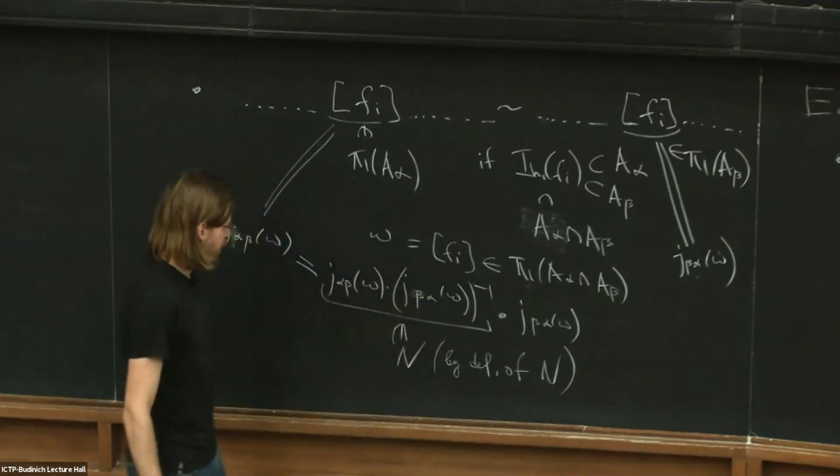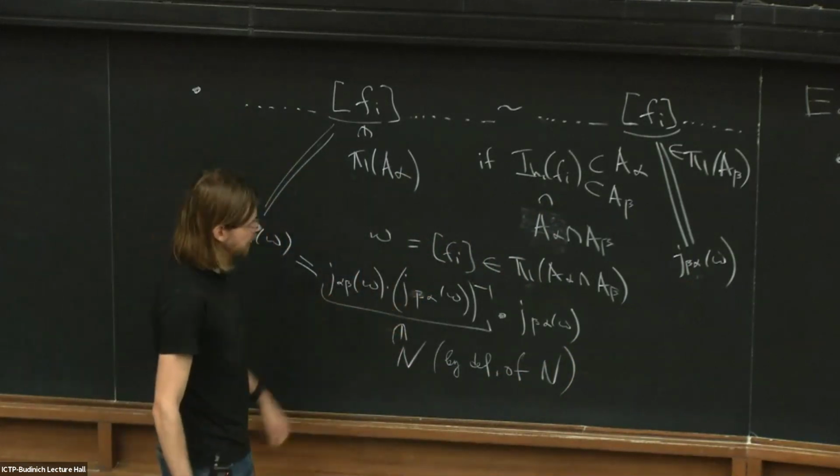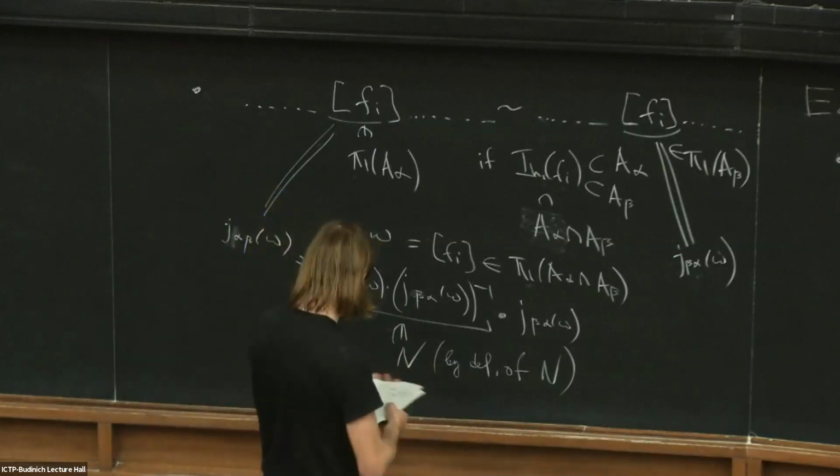And we want to show that this N is a kernel of our map phi.